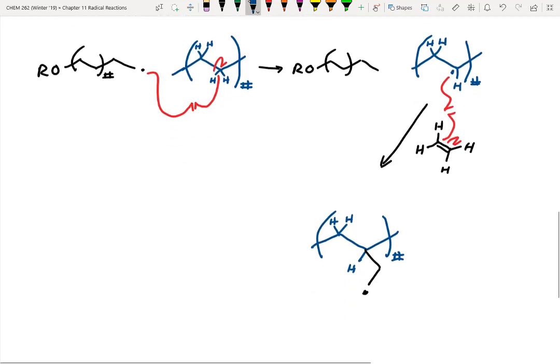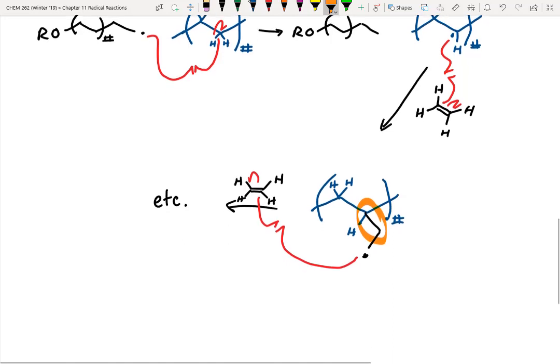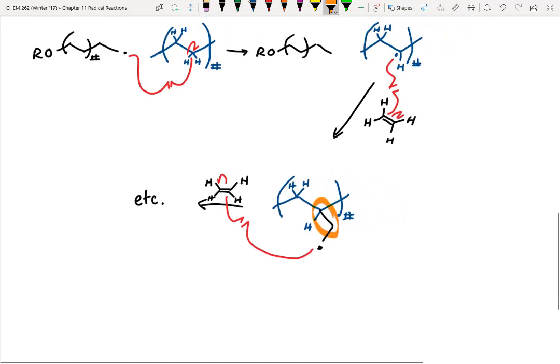All right, and then this can react with more of your monomer. So for example, I could add in here, keep on going over, but we'll just say etc. The main thing to note though is now we've got branching right here that's coming off of some interior part of our chain, not just lengthening the ends, if that makes any sense.